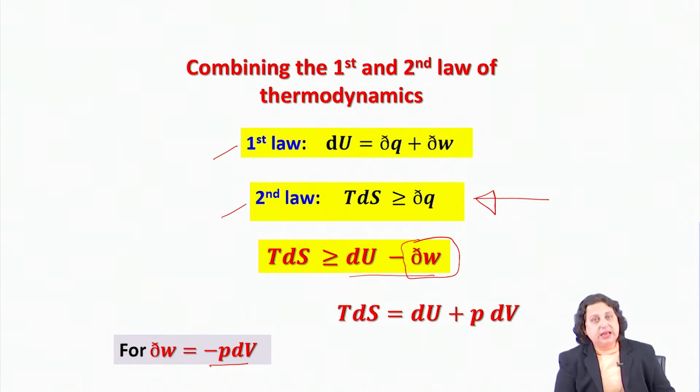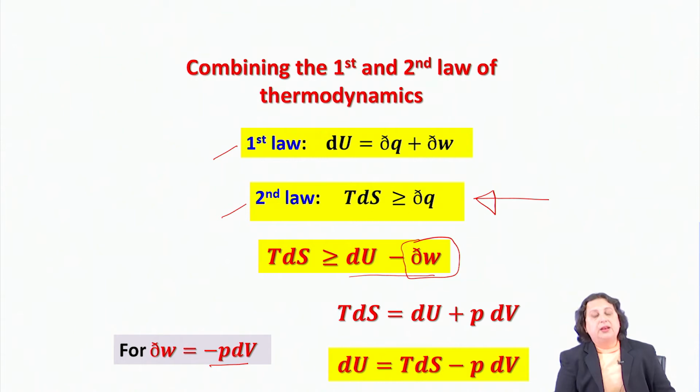So, I have TdS is equal to dU plus pdV, and correspondingly I can write down dU is equal to TdS minus pdV when the system passes from an initial equilibrium state to a final equilibrium state through an infinitesimal process involving change in entropy dS and change in volume dV, and the associated change in U is dU.